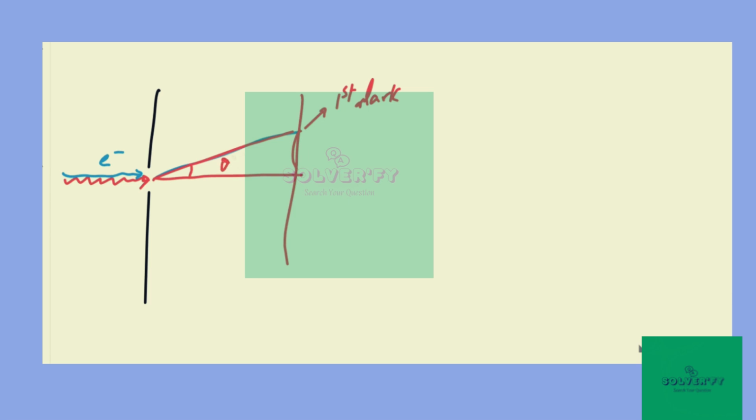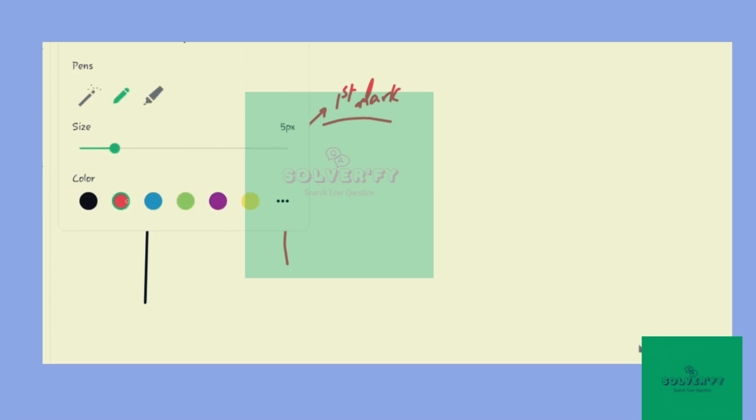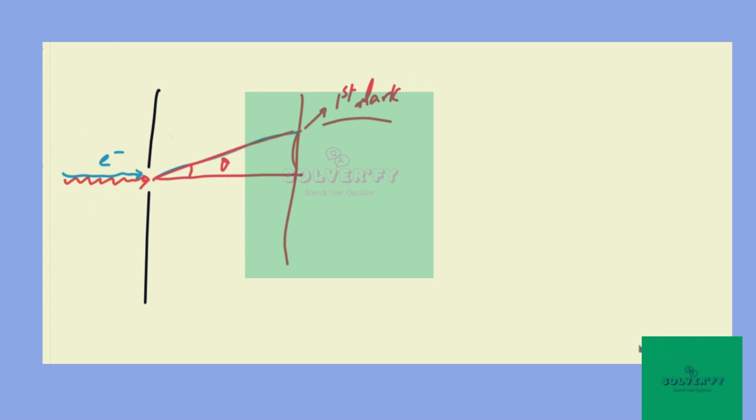We only know that it is at the first dark fringe. It's the same angle. What this means is that they must have the same wavelength in order to have the same diffraction pattern.